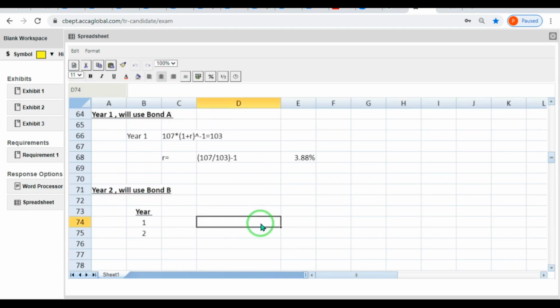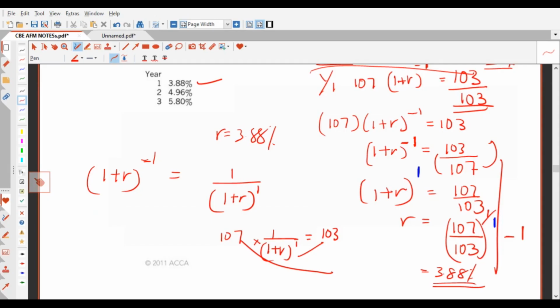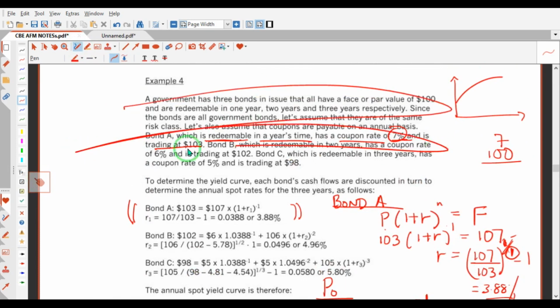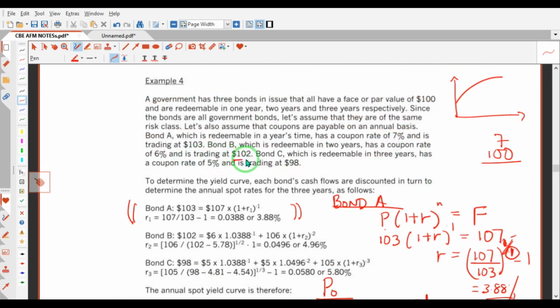Bond B. Okay. The cash flows from the government bond is equals to 102. Bond B is redeemable in 2 years' time. Now, coupon is 6% and they're paid every year. So you got $6, $6, year 1, year 2.